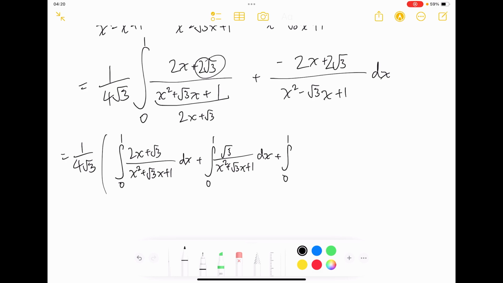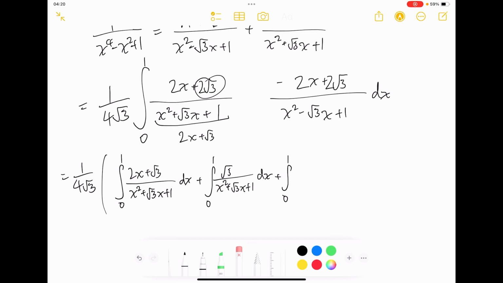So, actually, before I do that, I'm going to pull out the minus sign. So there's going to be a negative there. That's going to be positive, and that's going to be negative. So I'm going to have 2x. I'm going to have minus root 3 because I want this minus here. So x squared minus root 3x plus 1.